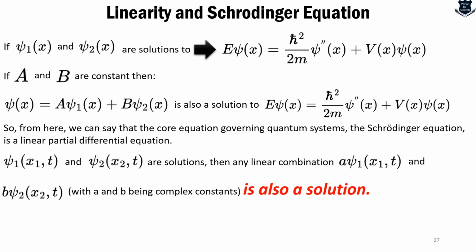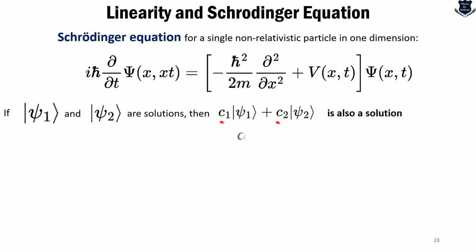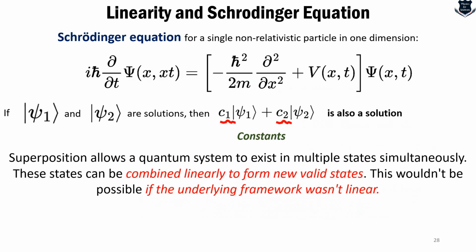And this is something which is remarkable. Remember that we are not considering the relativistic equations, like the Dirac or the Klein-Gordon equation, just the classical equation. So if this is a solution, then any linear combination would be a solution. If I take the non-relativistic single particle in one dimension, and this one is a solution, then this is also a solution, where these are constants.